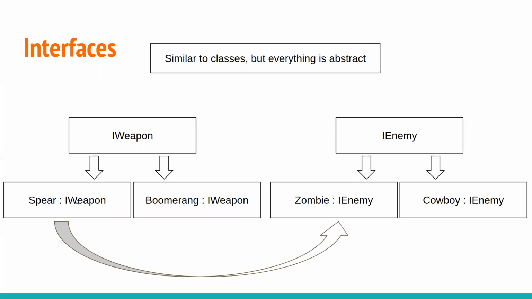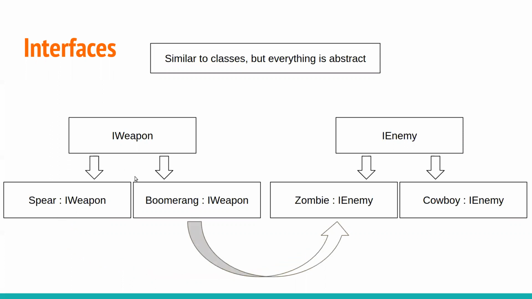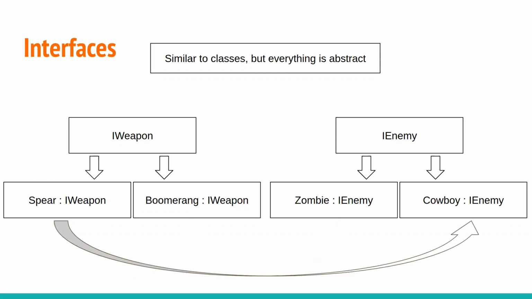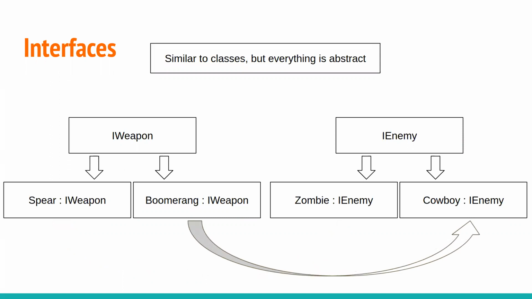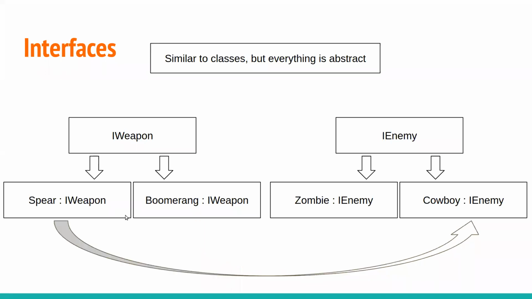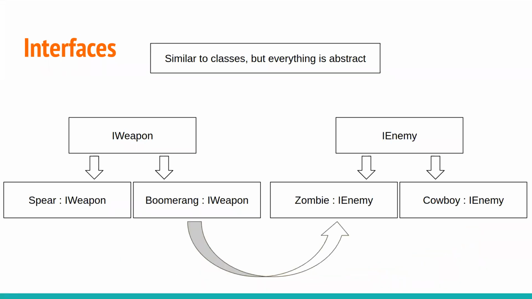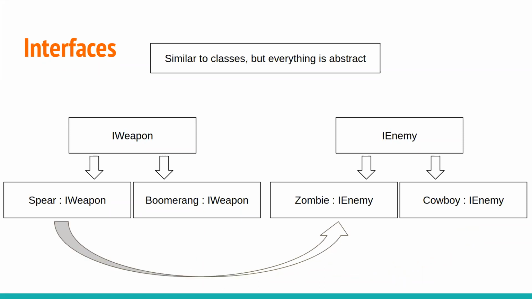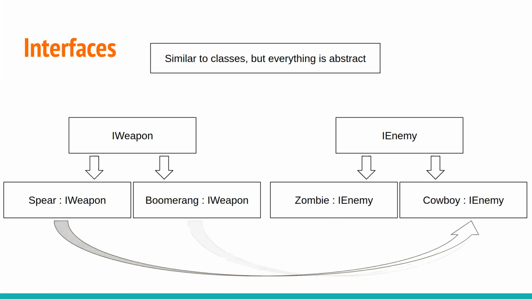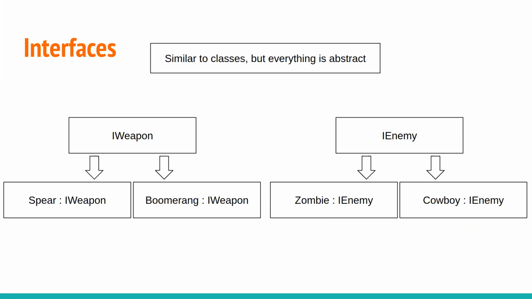And likewise, if I wanted my spear to attack the cowboys, or my boomerang to attack the zombies, I would have to create an attack method inside boomerang to attack zombies, an attack method inside spear to attack cowboys, and an attack method inside boomerang to attack cowboys. So you can see that was 4 different relationships: boomerangs attacking cowboys, spears attacking cowboys, boomerangs attacking zombies, spears attacking zombies. There's a whole lot of complexity going on there.